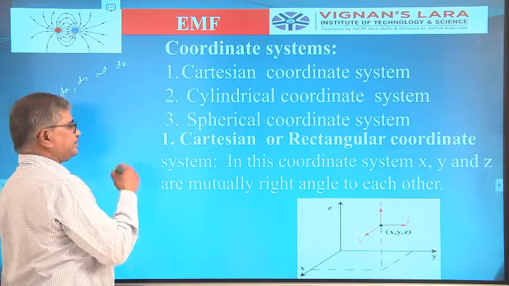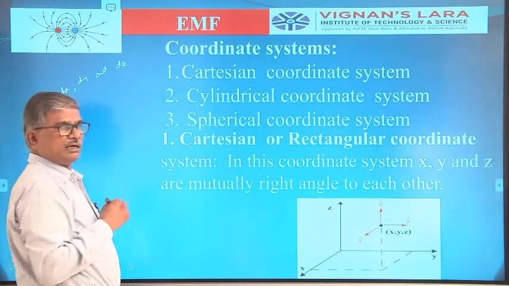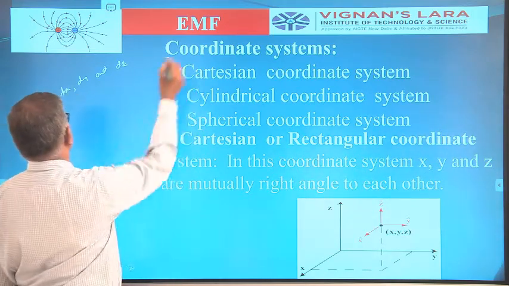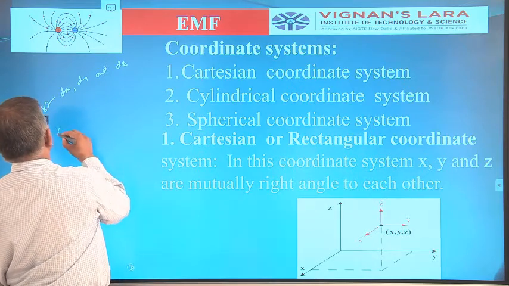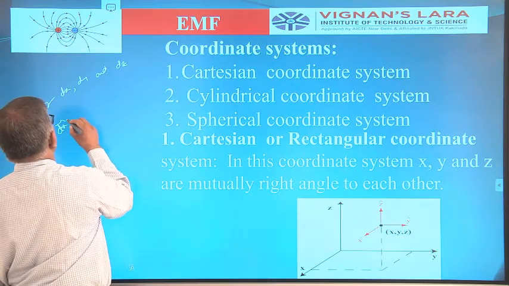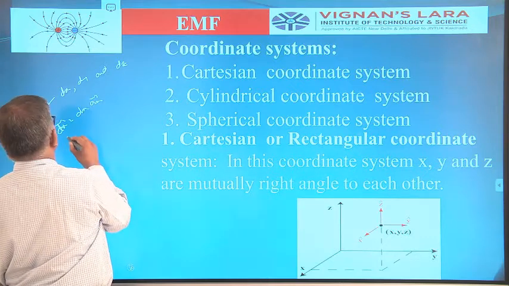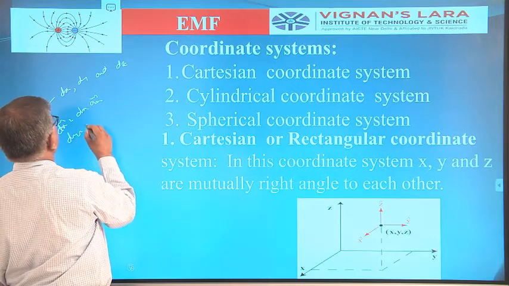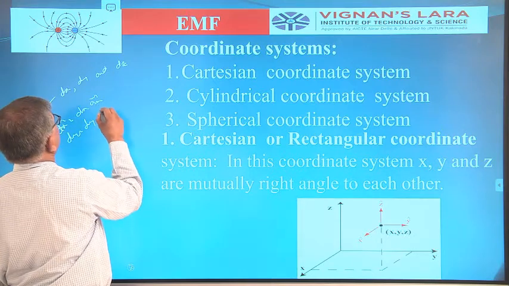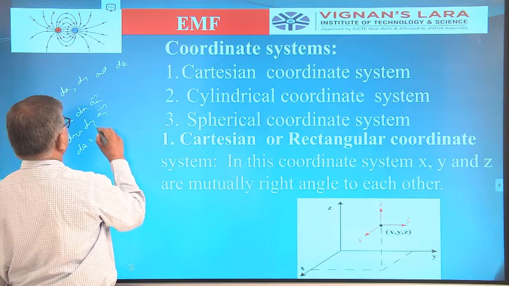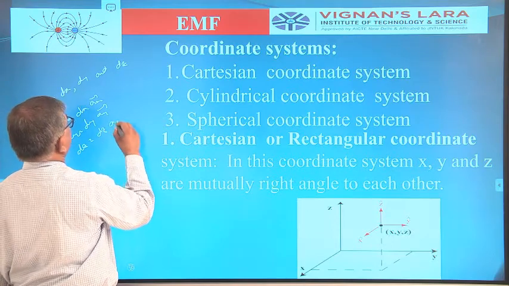So the increments are dx bar equals dx ax bar, dy bar equals dy ay bar and dz bar equals dz az bar.